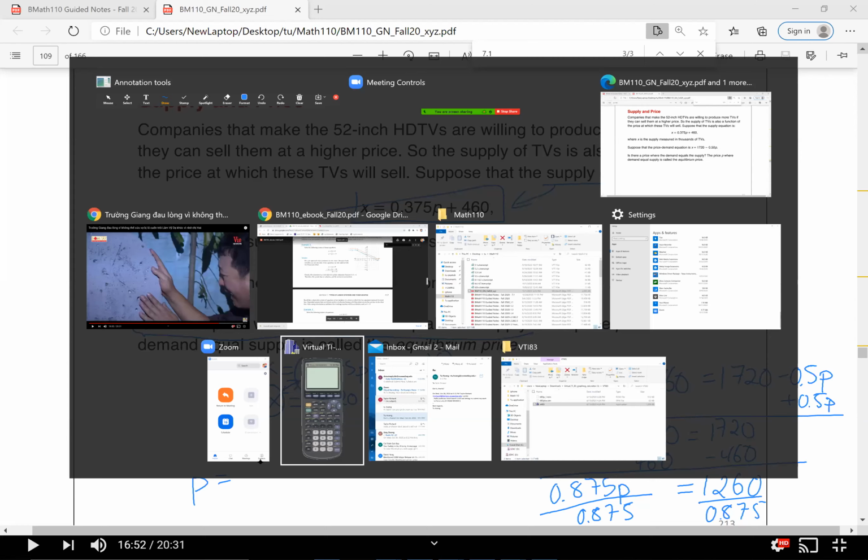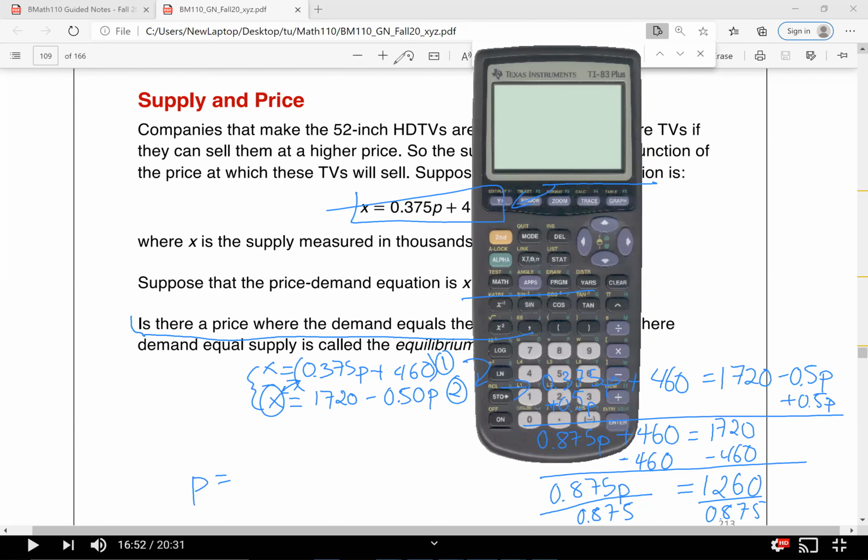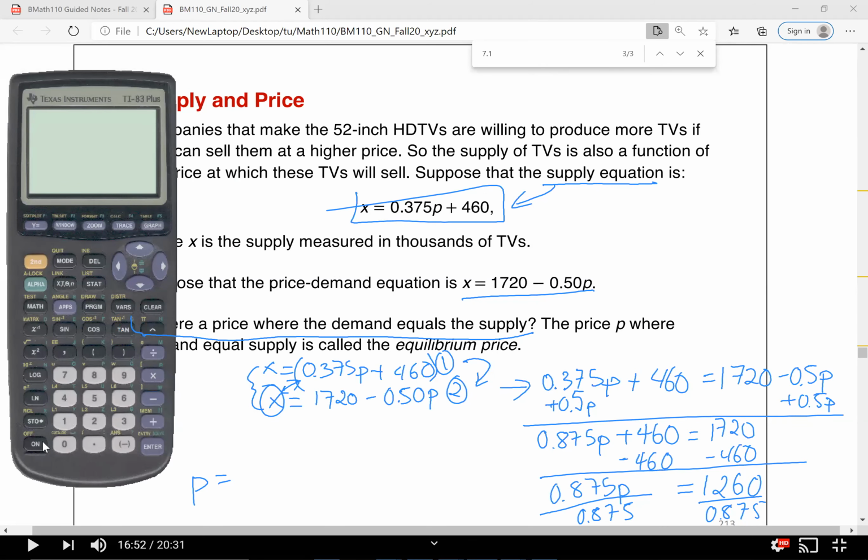I'm going to use my calculator to solve this: 1260 divided by 0.875, enter.